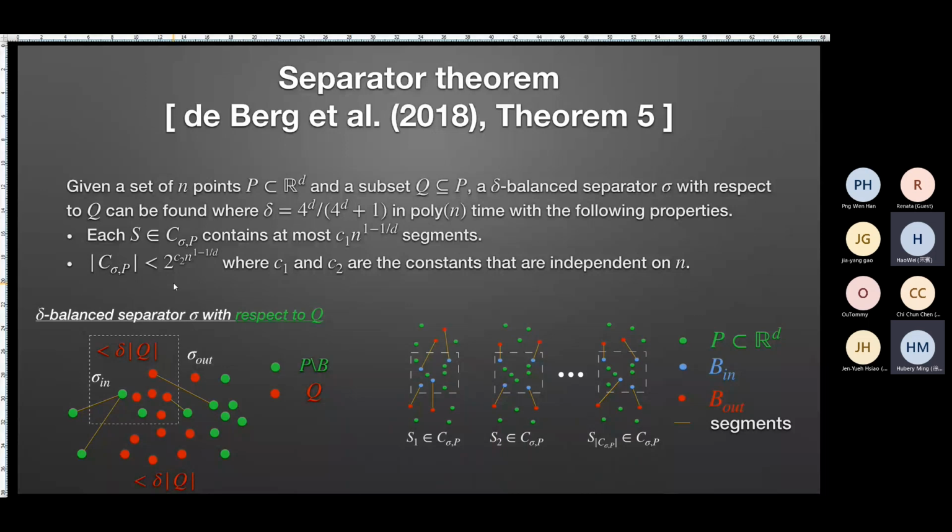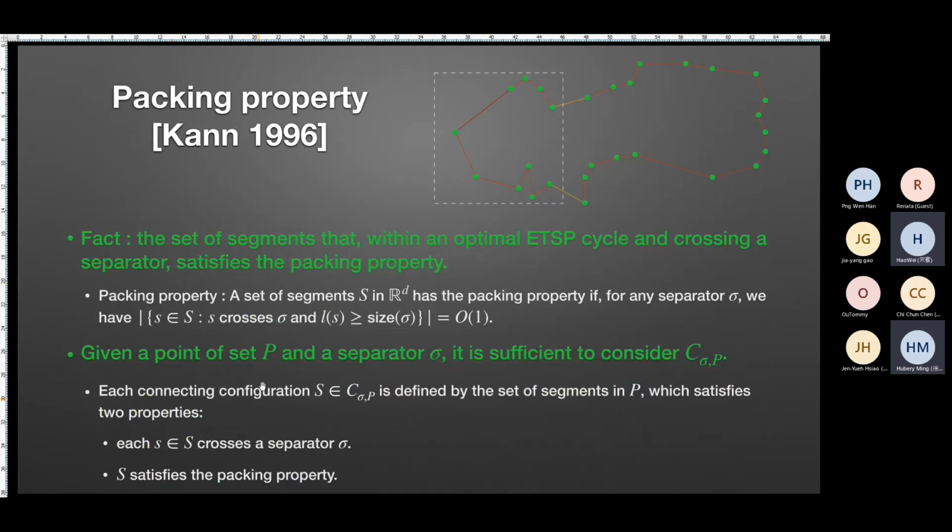What do you mean for those point sets by the packing property, which is denoted by C sigma? The C sigma P is defined by those connecting configurations that satisfy the packing property. Actually, the packing property is that there cannot be too many long segments crossing a separator.